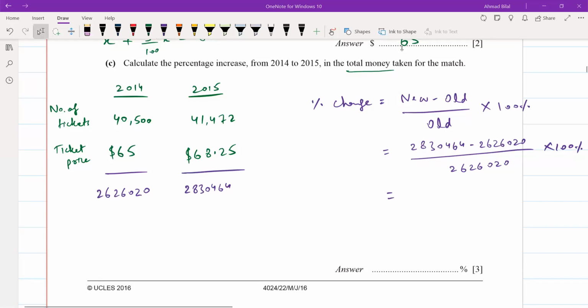ओके, अलीशा क्या कह रहे हैं? आप मल्टीप्लिकेशन में गलत कर रहे हैं. 2632500. Okay, so the first amount was actually 2632500, and let me correct this. 2632500.